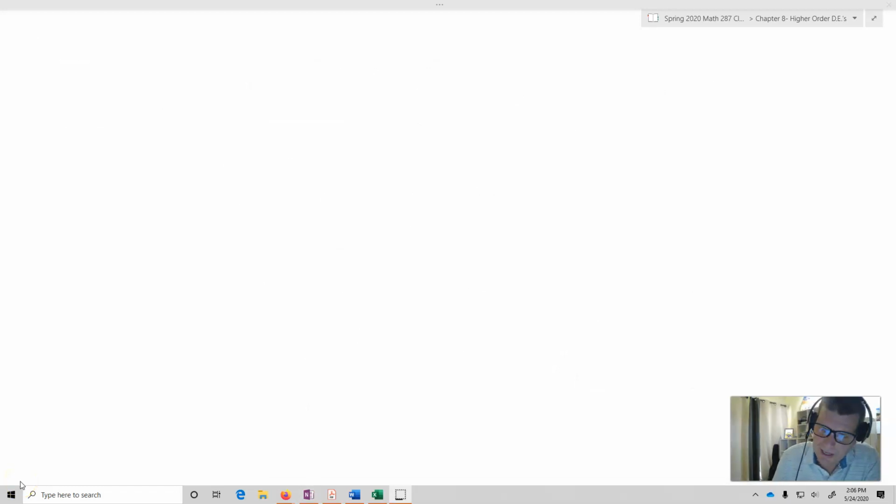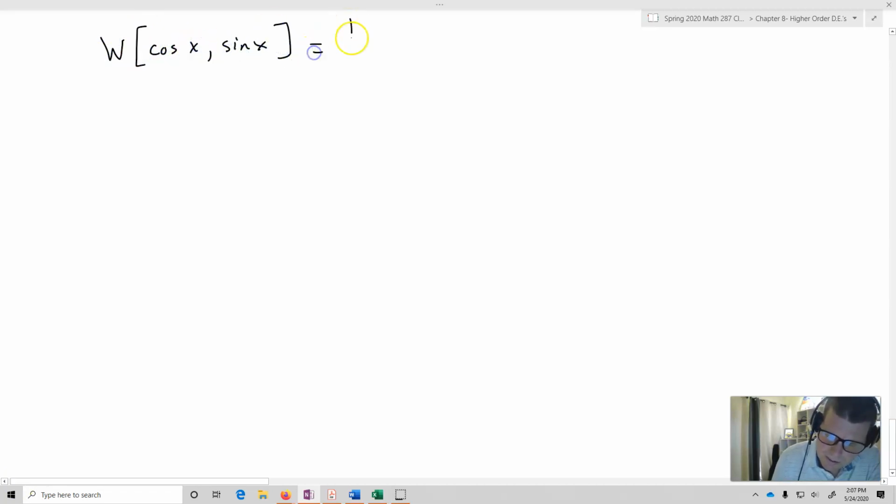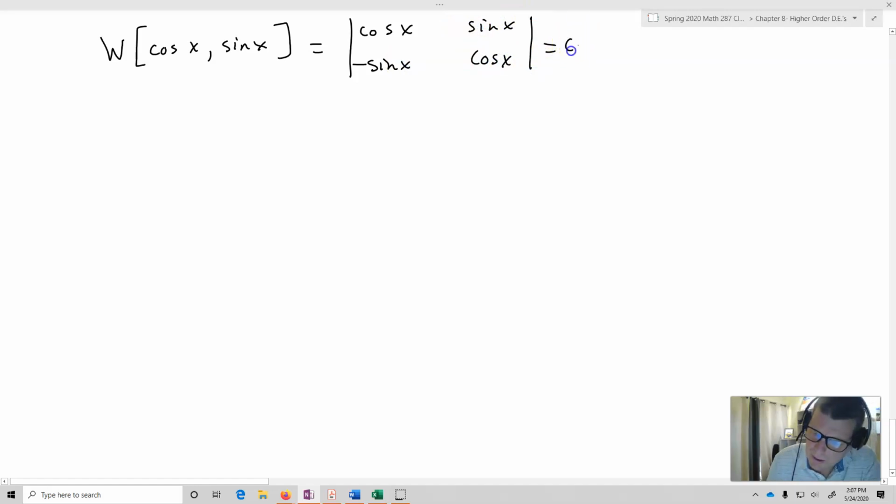So what I need to do is find the Wronskian. The Wronskian of cosine x, sine x equals the determinant of cosine x, negative sine x, sine x, cosine x, and that'll end up equaling cosine squared x plus sine squared x, which equals 1.